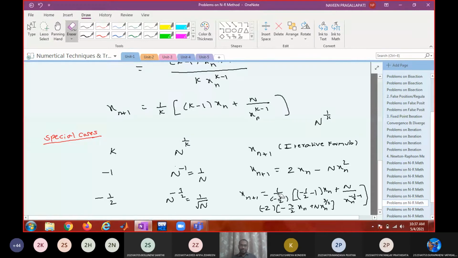Am I right? Yes, sir. So it is going to be 3xn minus 2 into n into xn power 3 by 2. Okay. Similarly, if you substitute k equal to 1 by 2, you will get square root of n and so on. Is that okay?